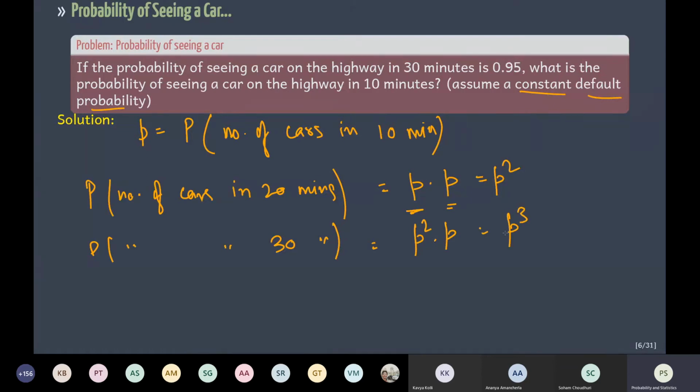Okay, so the probability that I see a car in 30 minutes, that is given to us actually. Okay, that is given to us.